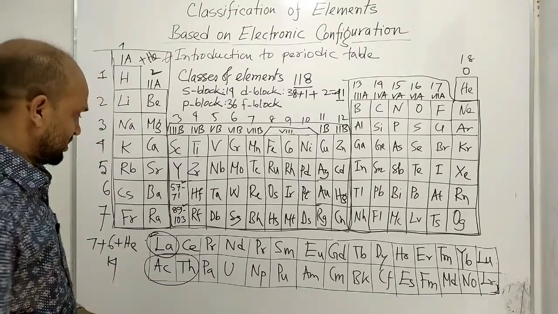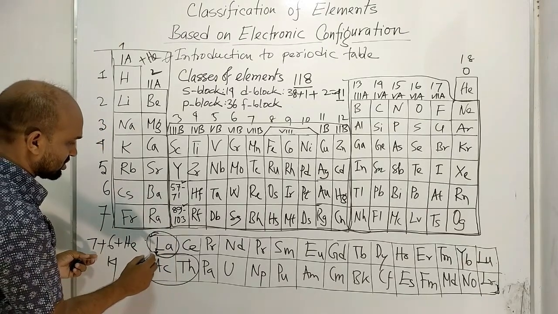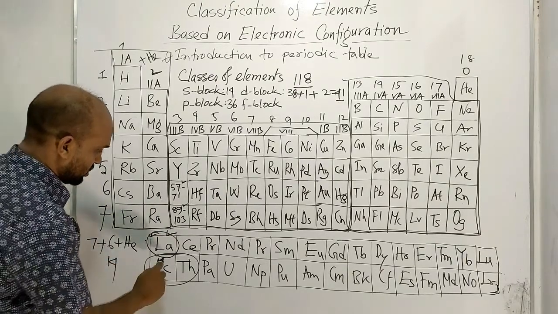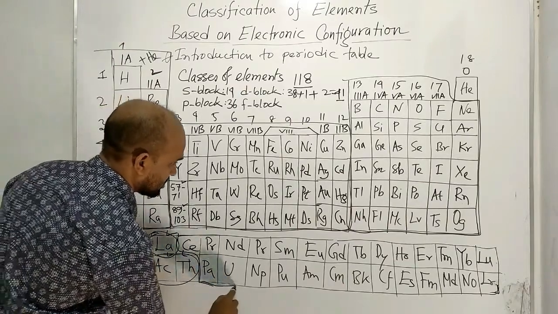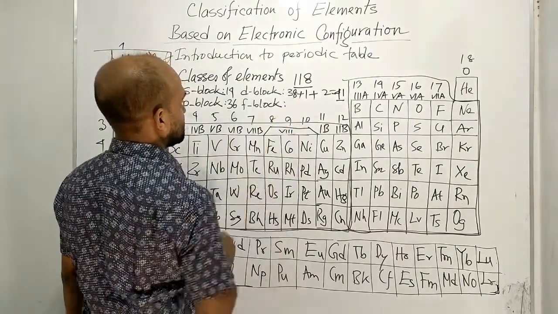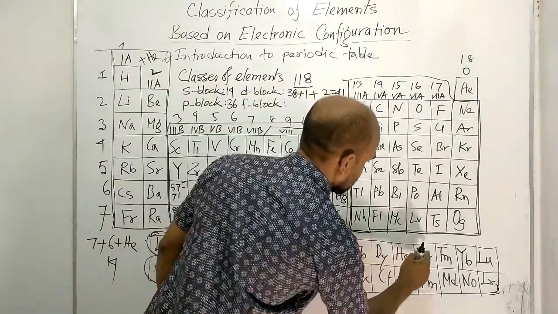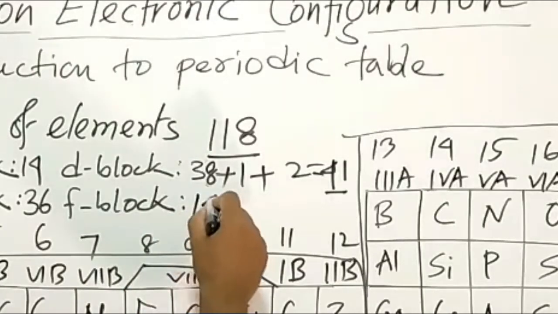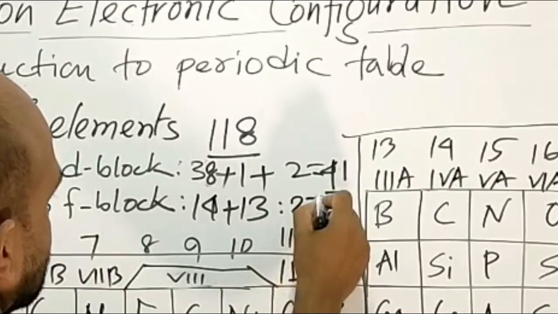Now f block elements. These are f block elements, excluding lanthanum from lanthanoids, and for actinoids excluding actinium and thorium. The number is actually 1 2 3 4 5 6 7 8 9 10 11 12 13 14. 14 plus 13, total 27.